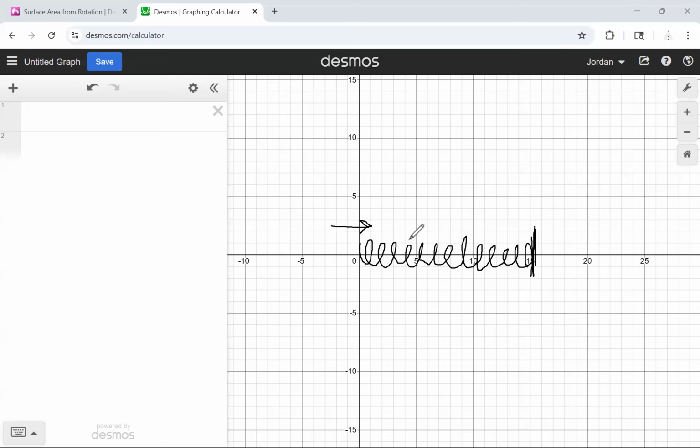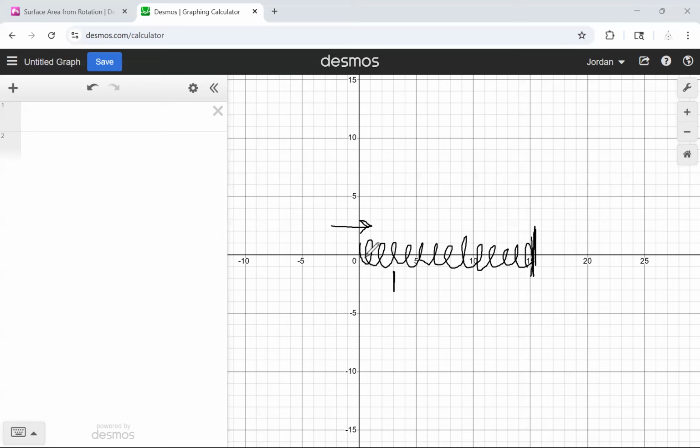Now, that means that if I am starting at an x of 0, then I have compressed this spring 0 inches. As I move to the right, let's say I'm down here at x equals 3, then I have compressed the spring 3 inches.